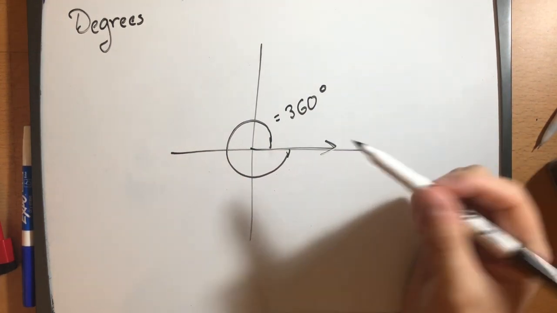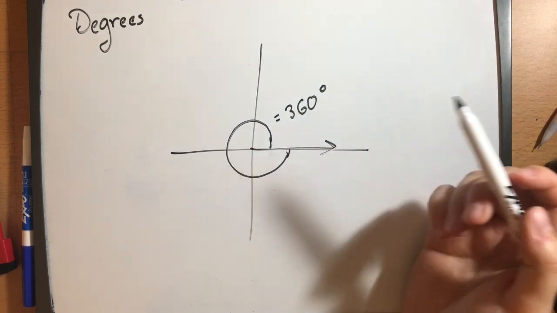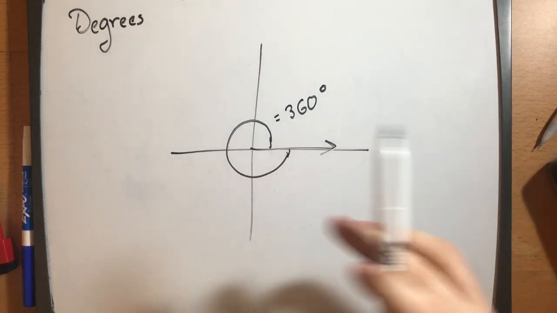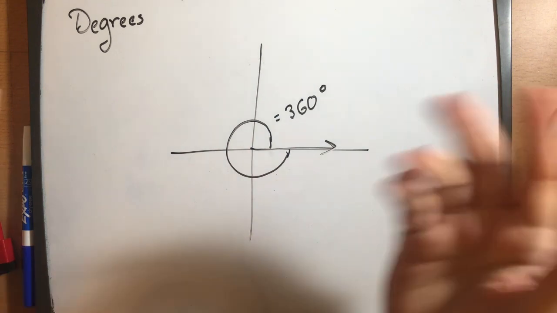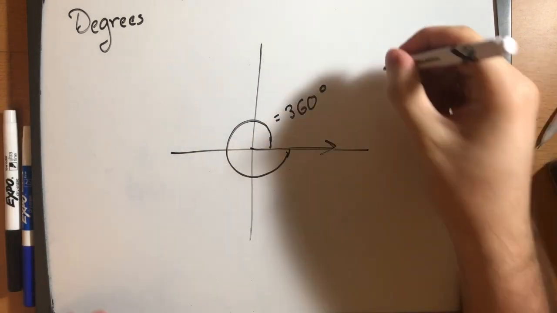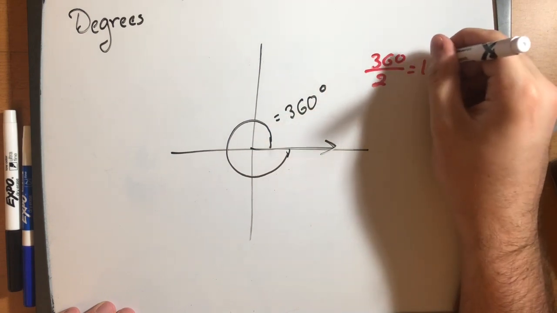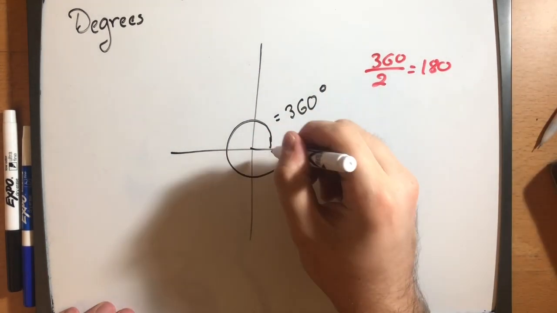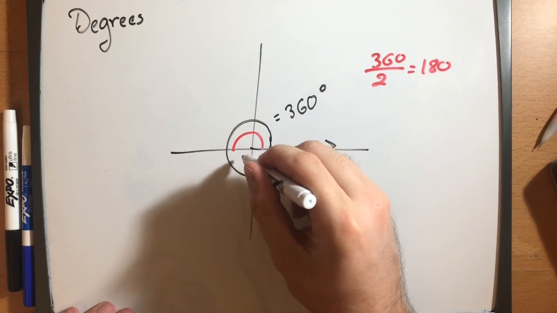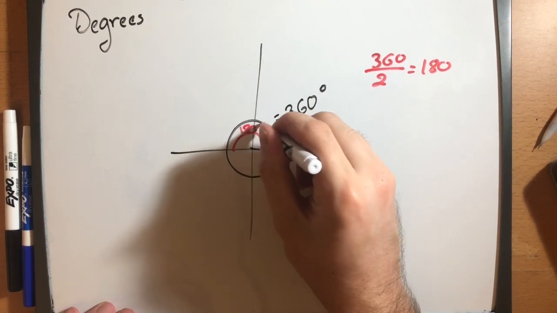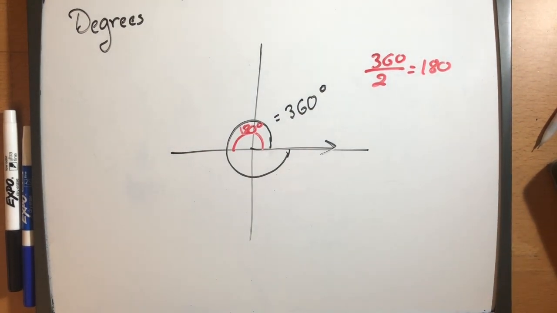So now knowing that, one full revolution would be 360. If we wanted to get half a revolution, well, half of 360 is 180. So 1/2 of a revolution here would be 180 degrees. Okay.